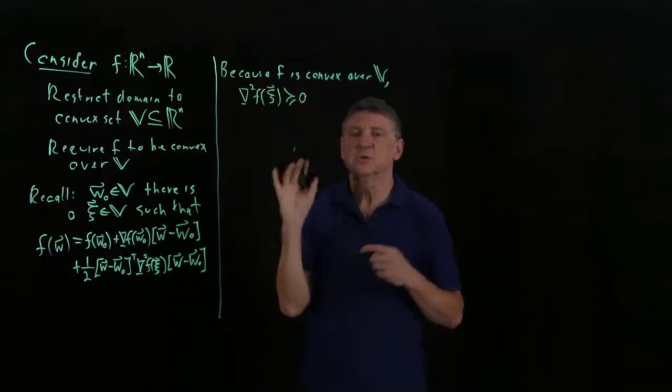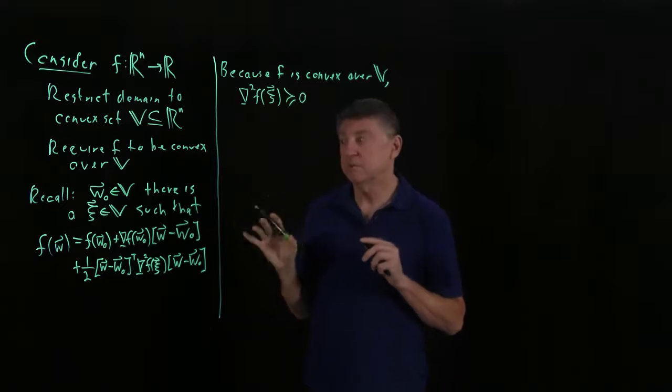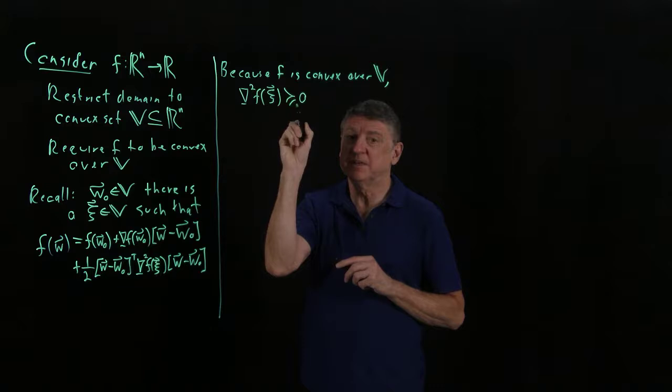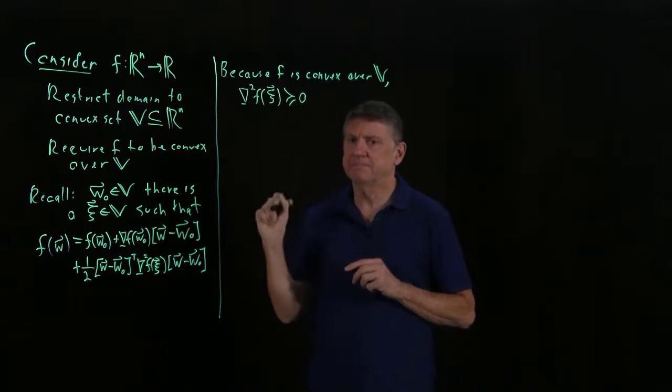If it was strictly convex, things would be much more complicated. If it's convex, it's possible that it's semi-definite, okay?